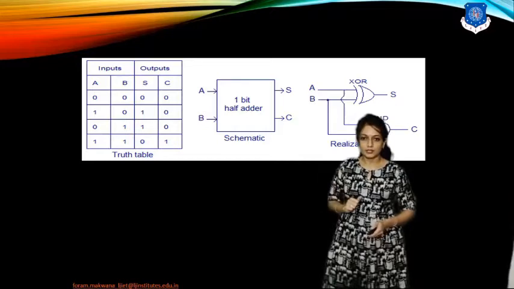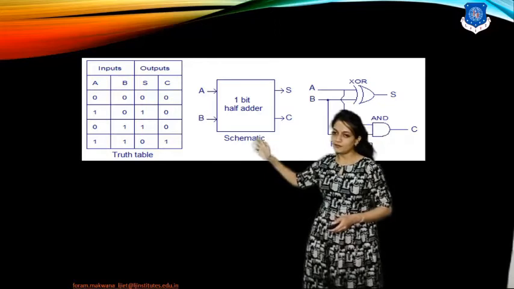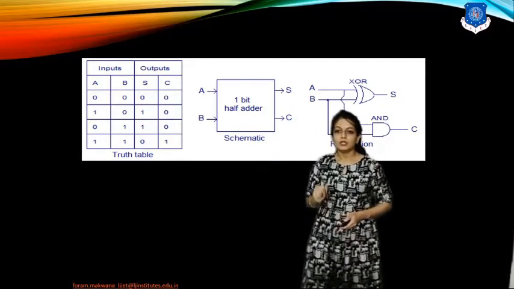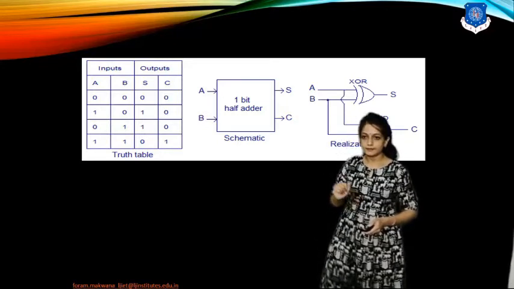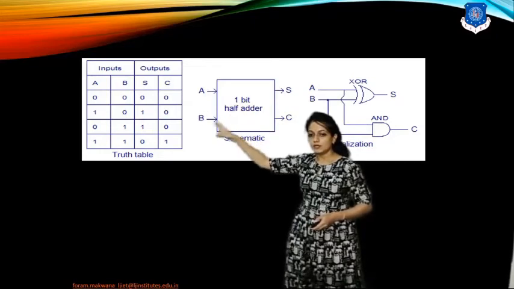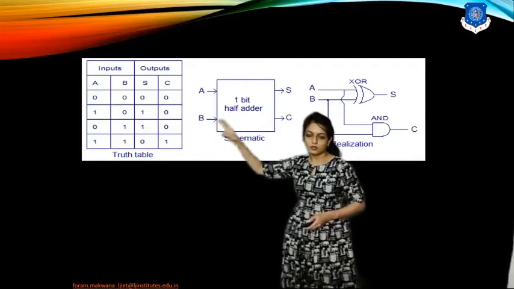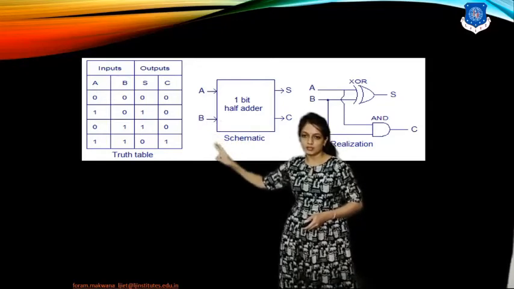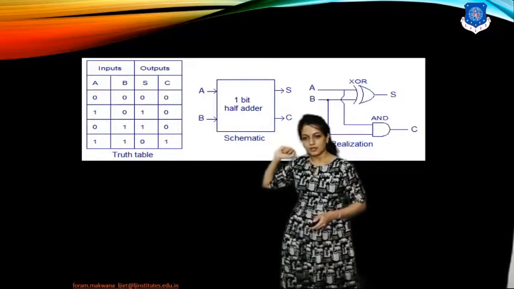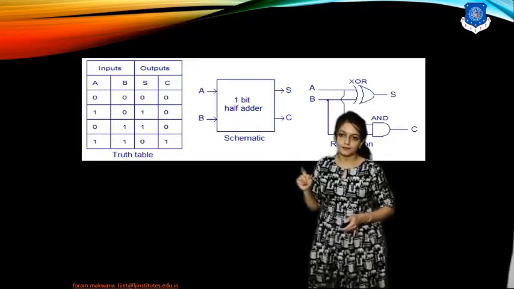Now if we are going to form the Boolean function for this sum and carry, you can find that two ones are present for the sum. One is for the case 1 0 and the second is for the case 0 1. As 1 is there for A, the min term will be A B dash.